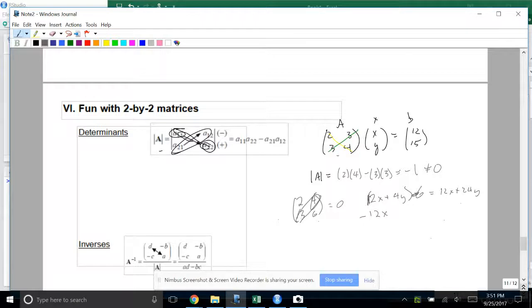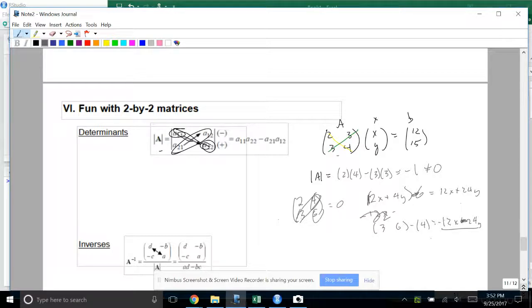And then negative 4 times 6 is negative 24. Sorry about that. 3, 6 times a negative 4. What we get is 12x plus 24y. Negatives, I guess they should be.